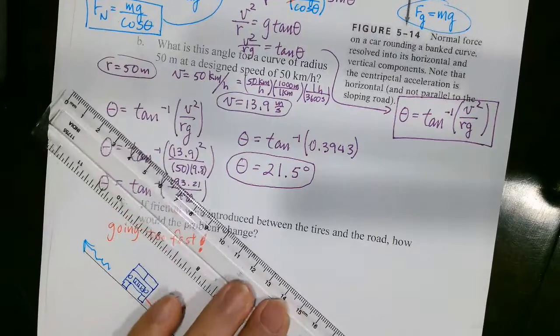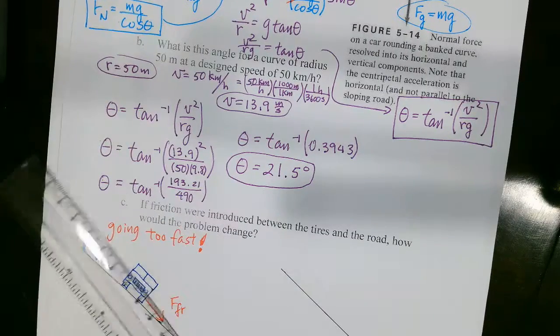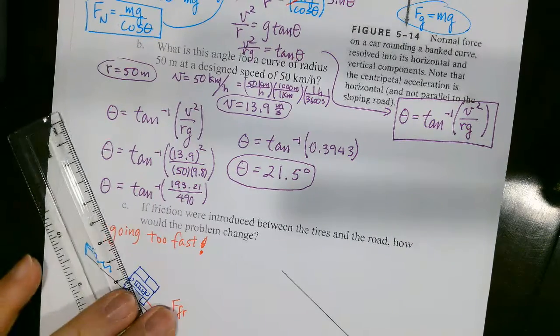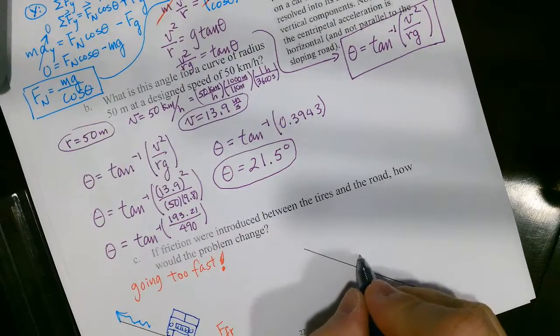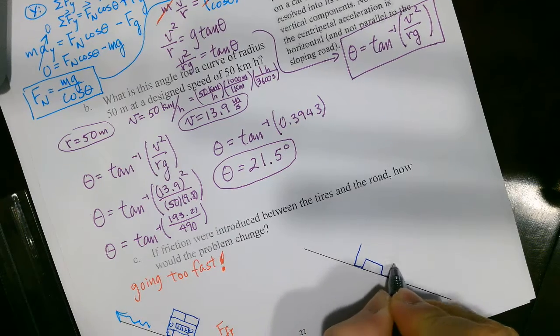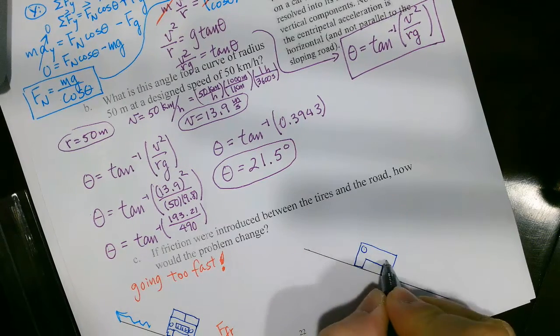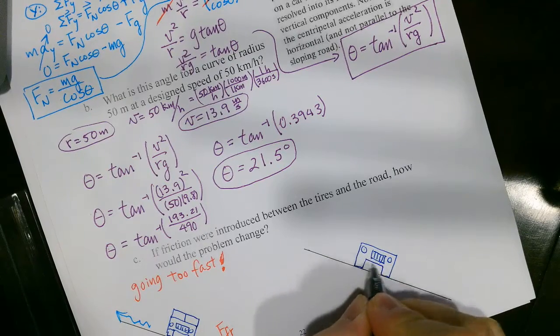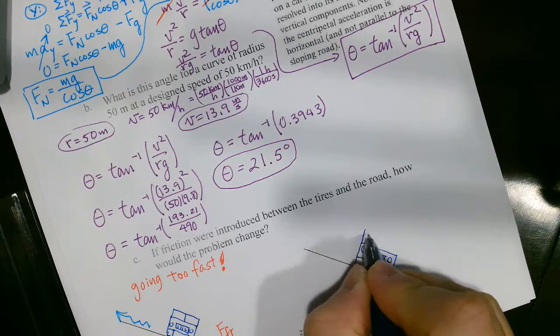Similarly, if it's going too slow, what's going to happen? This car is going to try to slide down the embankment towards the pit stop area, right? So you don't want to go too slow either. You want to go at the correct speed.